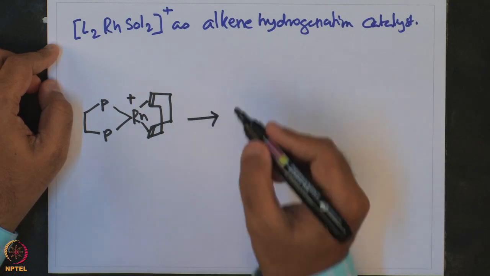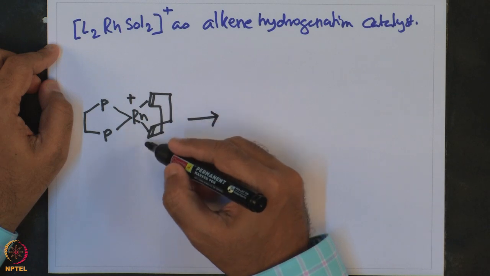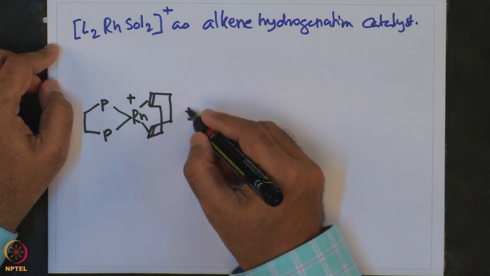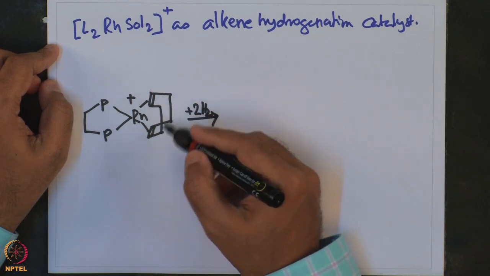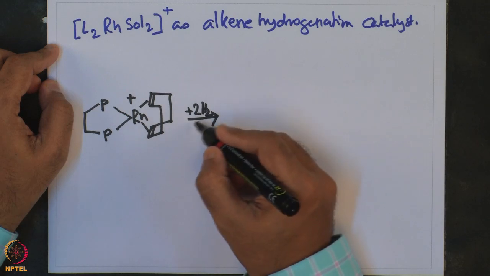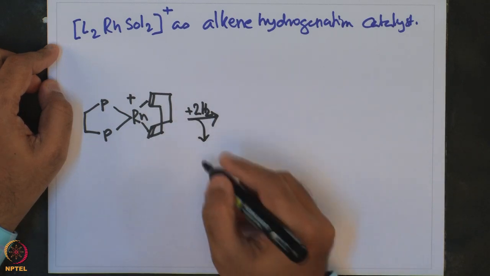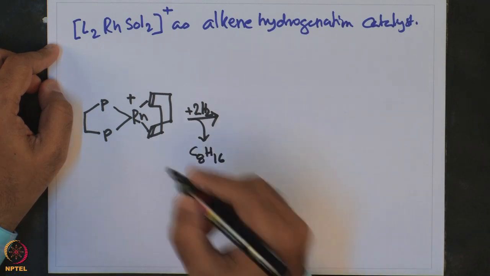In the presence of 2 hydrogen, this diolefin is hydrogenated to give cyclooctane, C8H16.